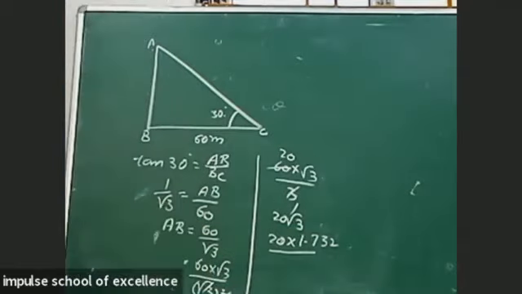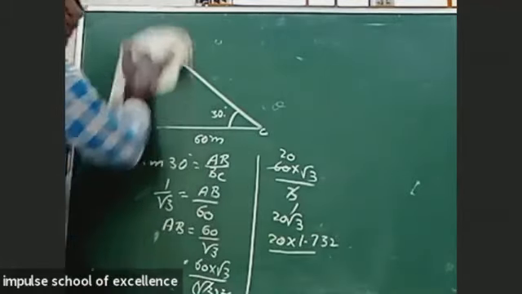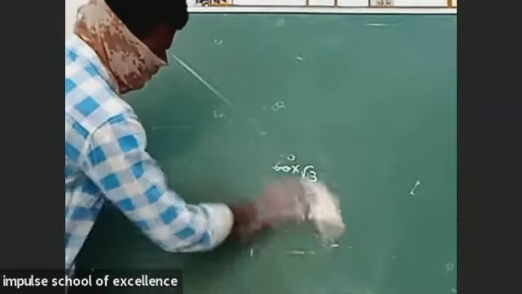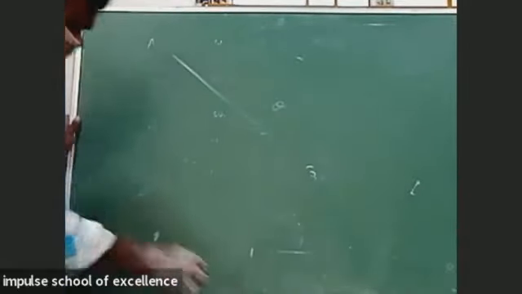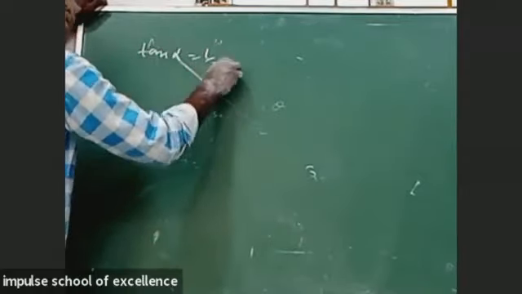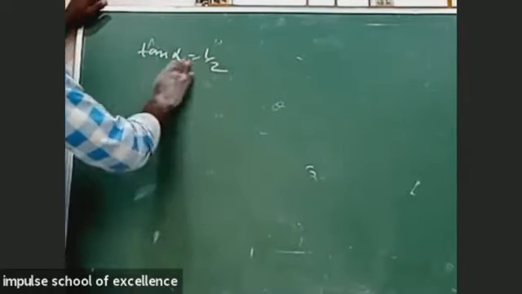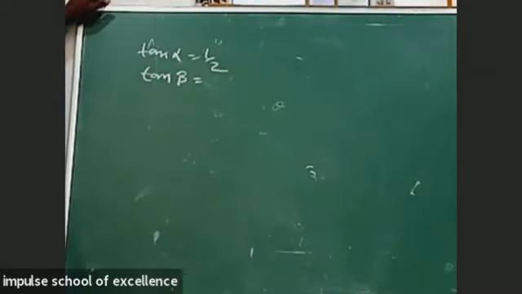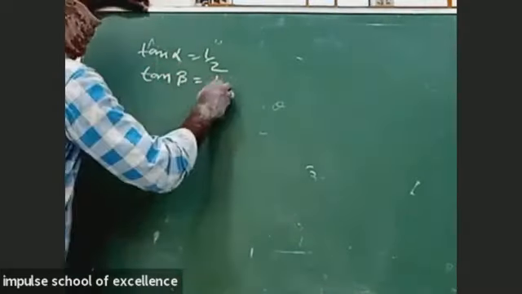Next one, ma. Tan alpha is equal to 1 by 2. Tan beta is equal to 1 by 3.